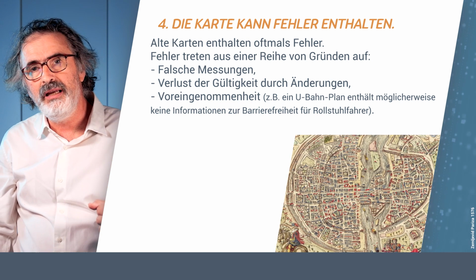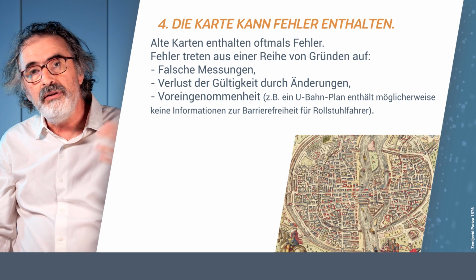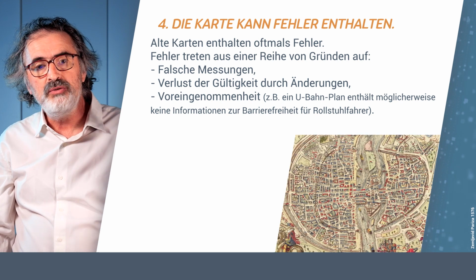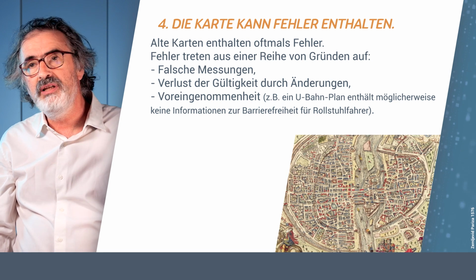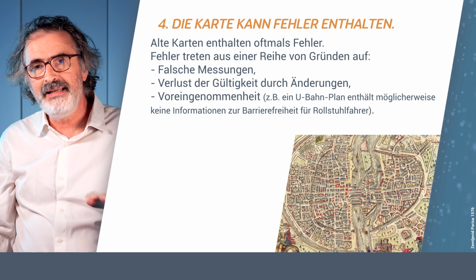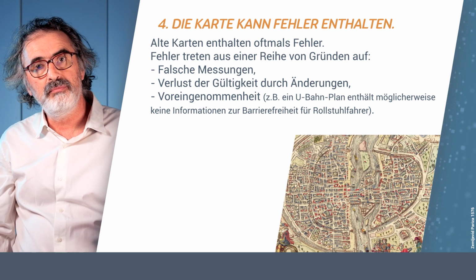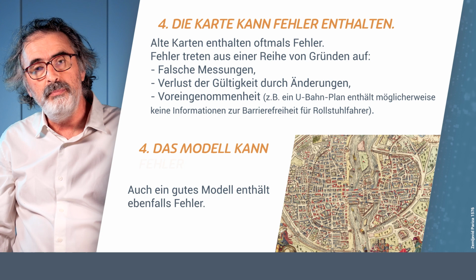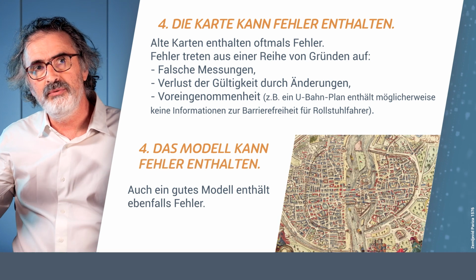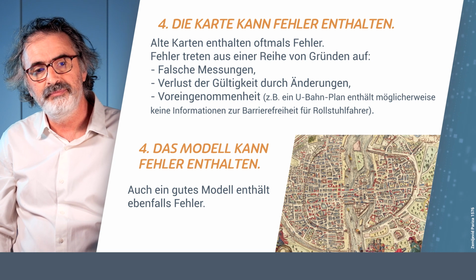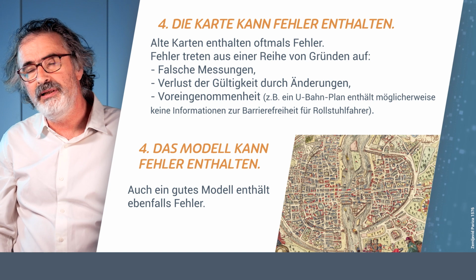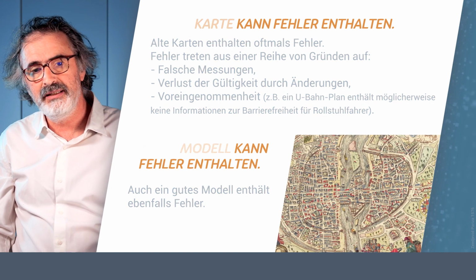The example I give is a map of the tube in a city, which may not tell you which way to go if you actually need a special type of service. This is exactly the same with models that are built by computers and that we will use in all the tasks in which modeling is necessary. So even a very good model, because it has been built from data, can have mistakes.